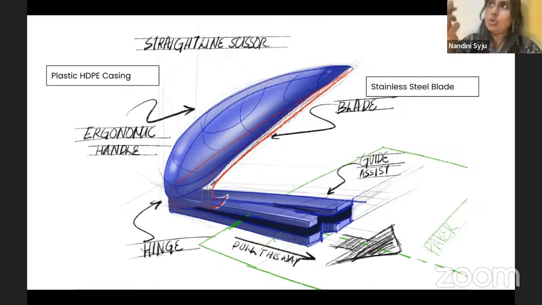But instead of the punching blades being small circles, it's going to be one big blade, and it's going to punch down, right? So this is again mixed with the guide assist, and this is just one version.